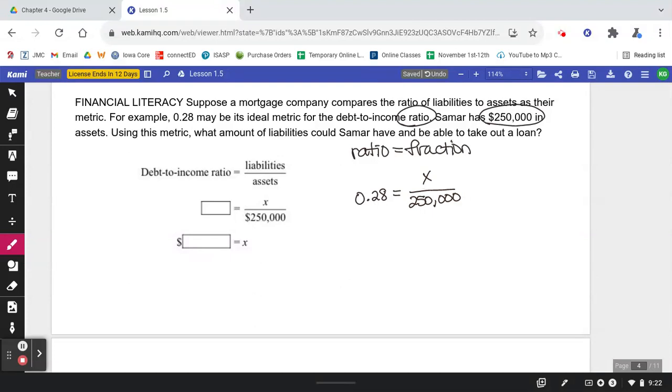So if I read this, it says X divided by 250,000. In order to get X alone, the opposite would be to multiply by 250,000. And whatever you do to one side of your equation, you must do to the other. 250,000 times 0.28 is $70,000.